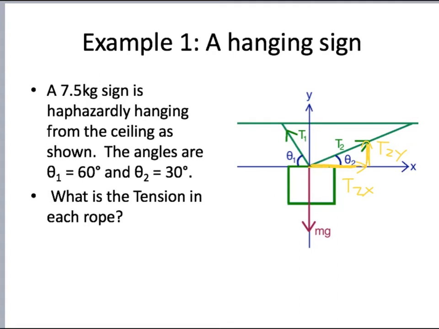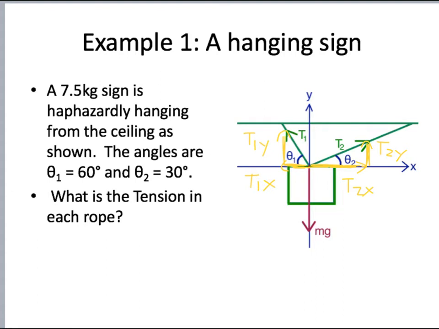Now if I wanted to do the vector for T1, I can do the same thing. I can say that T1 is going to have an x component like this, and that would be T1x, and it's going to have a y component like that, and that would be T1y. Now notice T1y is positive, but T1x is in the negative direction.